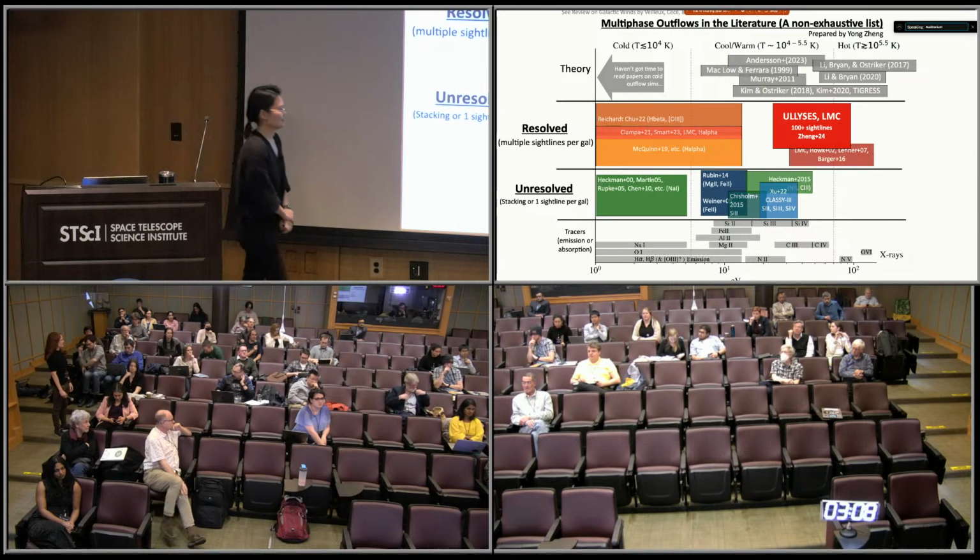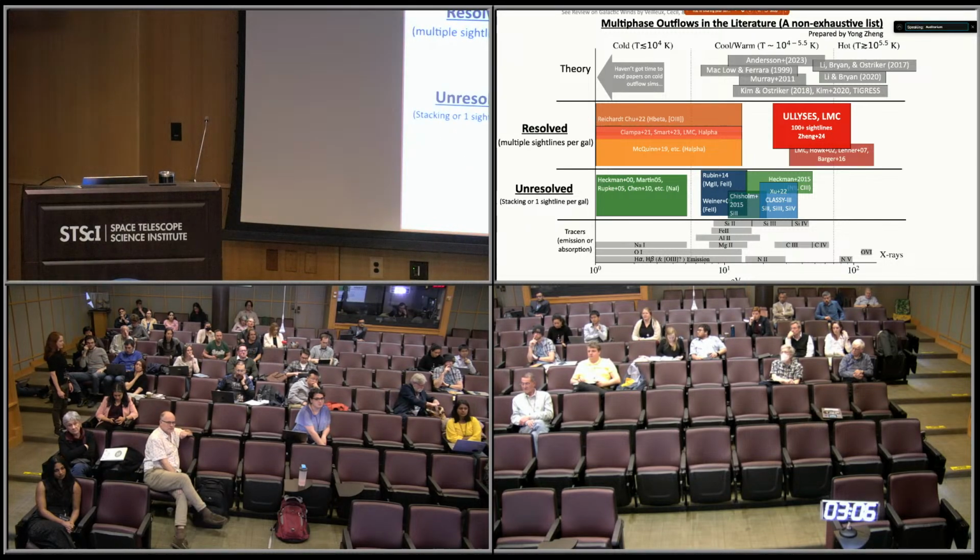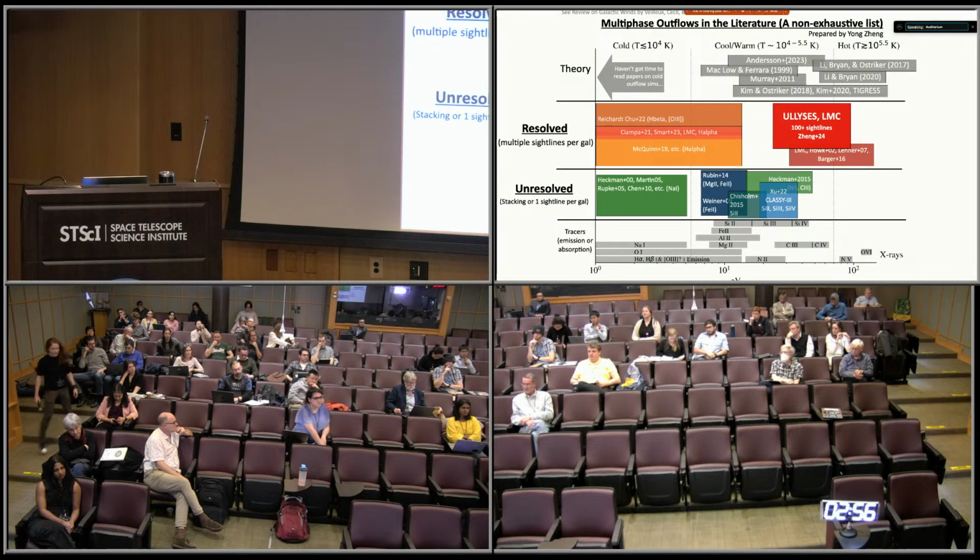So both of them are actually at very, very different wavelengths. I think there has been some study as to what the ionization structure and the temperature structure look like, but I would say the conclusion is quite nebulous at this point. We know that it's in the range around 10 to the 4 to 10 to the 4.5-ish, but there hasn't been a lot of very detailed study.